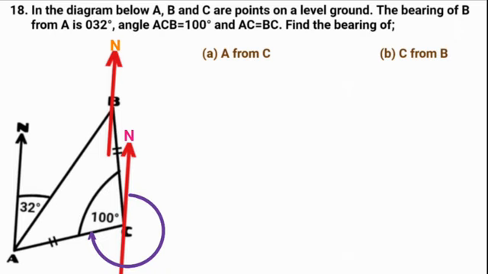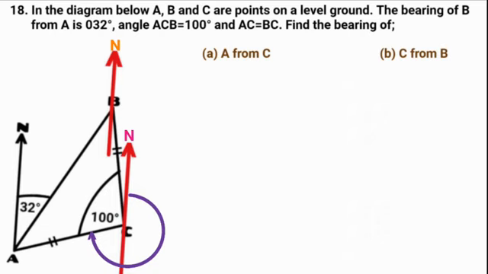Now when you look at this triangle, you notice that this line is equal to this line. So that means this is an isosceles triangle. Since it's isosceles, the angles BAC and ABC are equal.